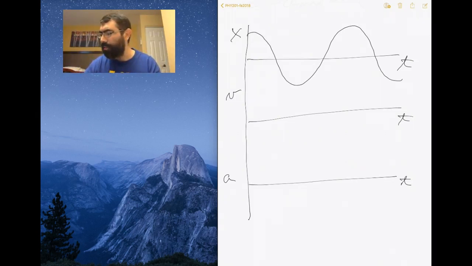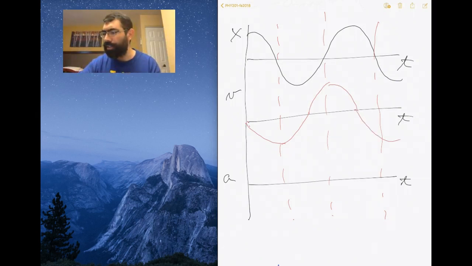The velocity is a negative sine function, like so. And the acceleration is a negative cosine function, like this.